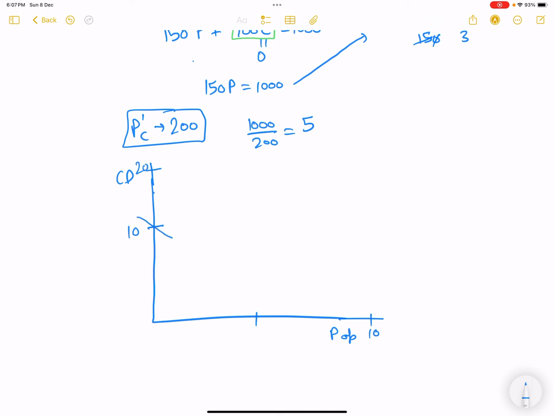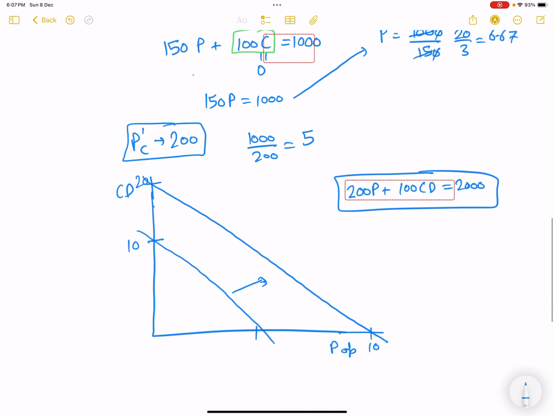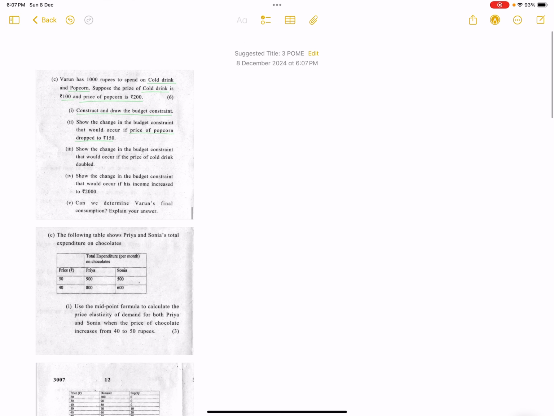So this would lead to a parallel shift of the budget line. Because his income is increasing, the new budget constraint would be 200 into popcorn plus 100 into cold drink equals to 2000.